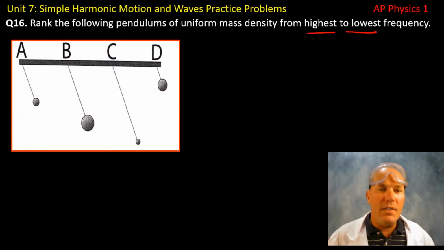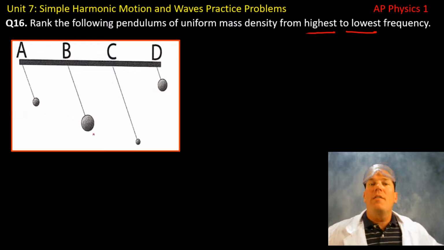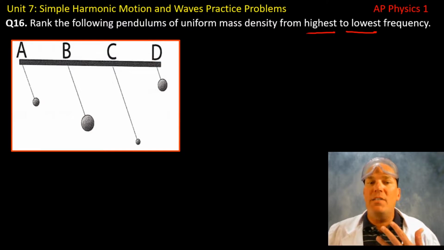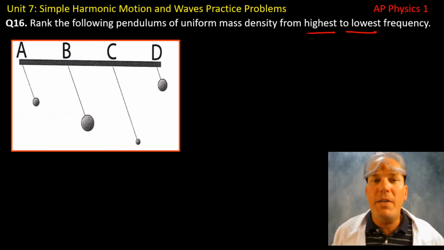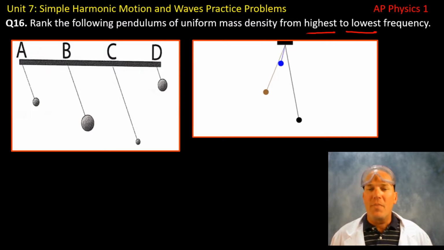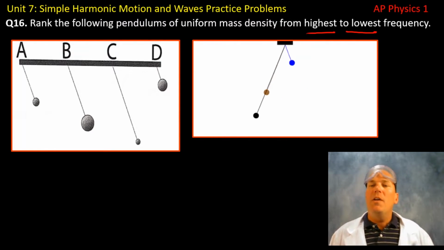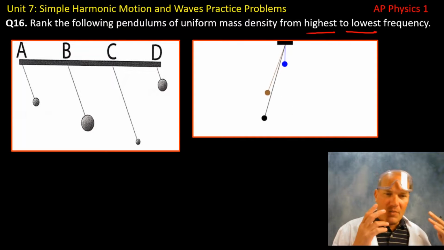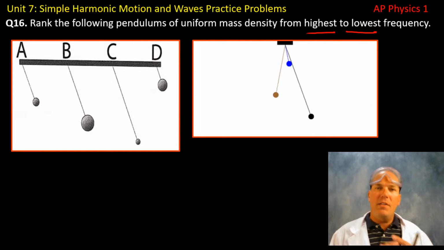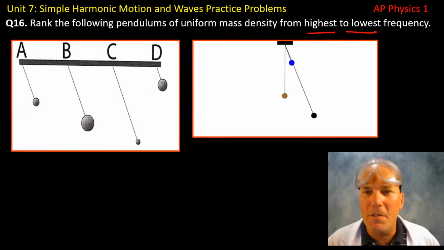So you can look at this ranking task and immediately neglect the fact that the mass of plumb bob B is greater than the mass of plumb bob D. Who cares? Because mass is irrelevant. Mass isn't even in the expression. You've seen this one from a couple problems ago, looking at how the length of the string affects the period, or the amount of time for a cycle.